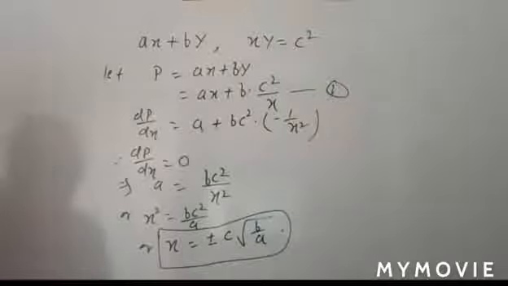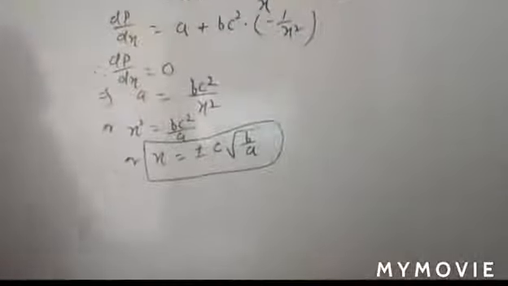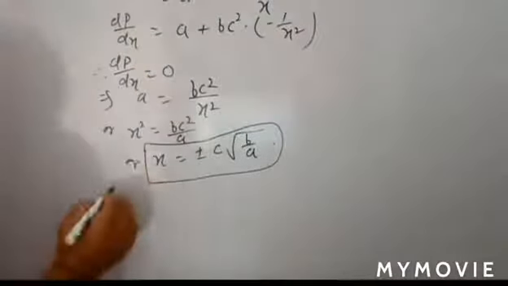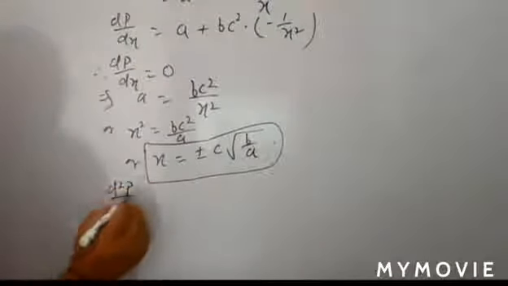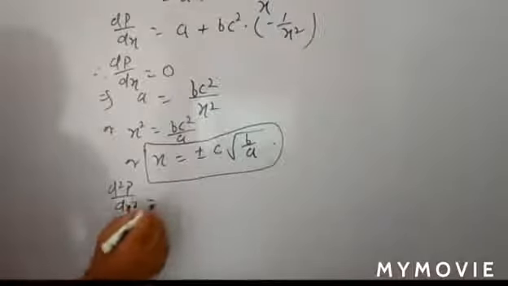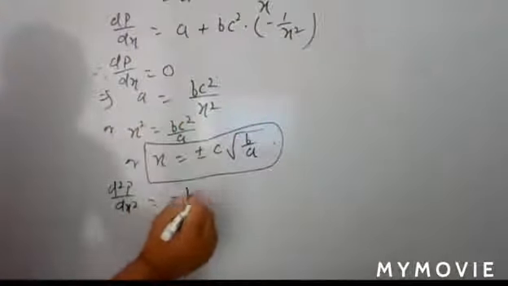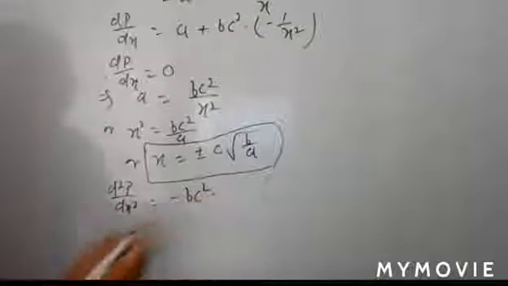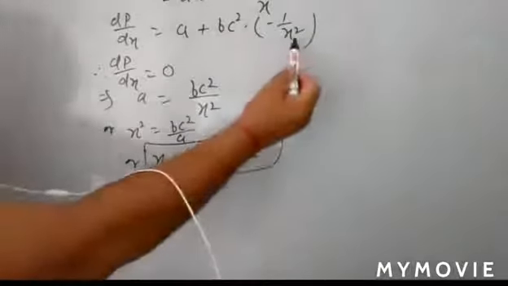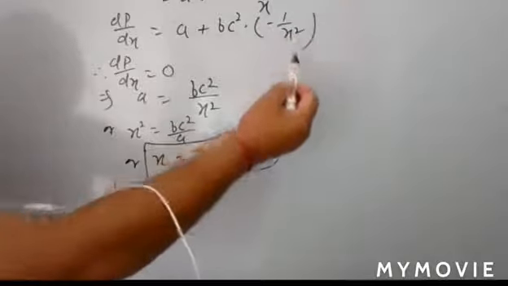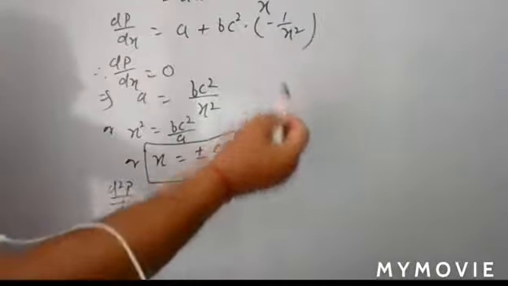Now you take its second derivative. So d2p upon dx2 is equal to, here you have 0, and this side you can write bc square, and just see how you find the differentiation of 1 by x square.